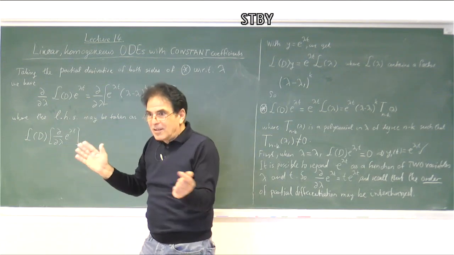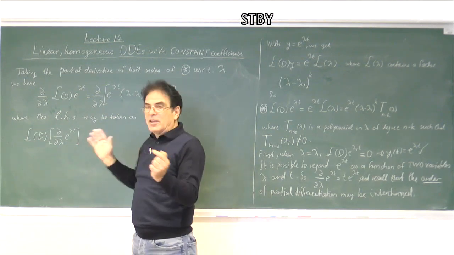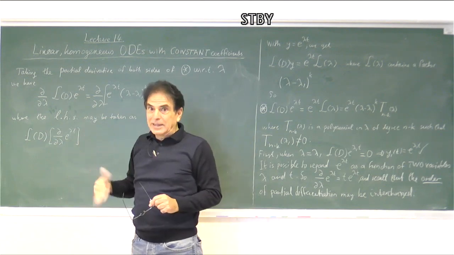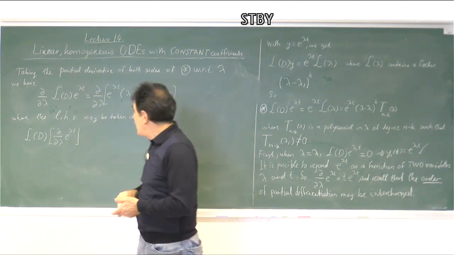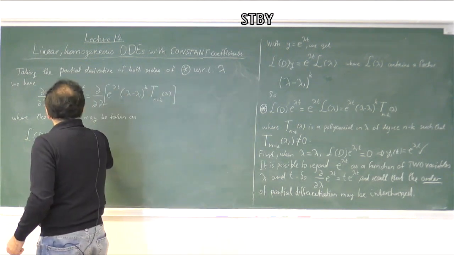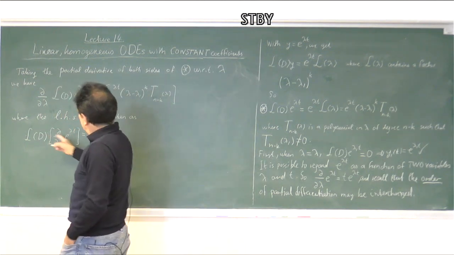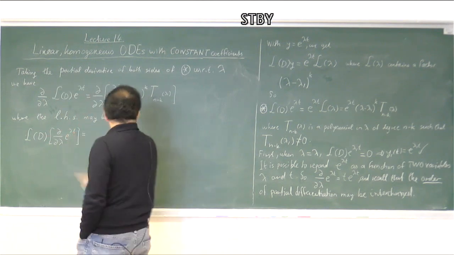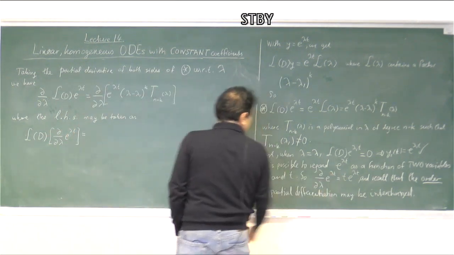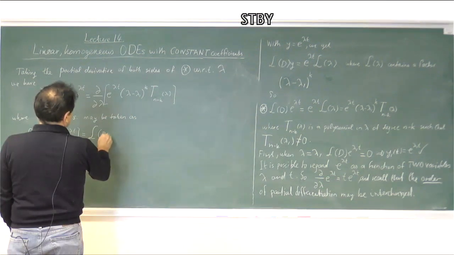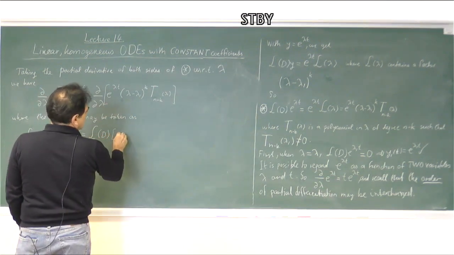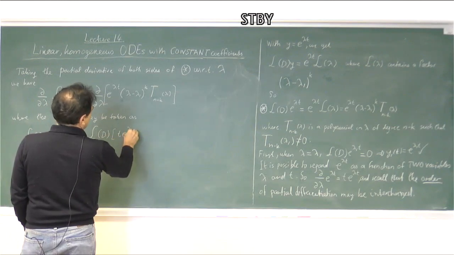And these operations are equivalent since the order of partial differentiation may be interchanged. Okay, so look, because e to power lambda t has t as this, t times e to power lambda t.